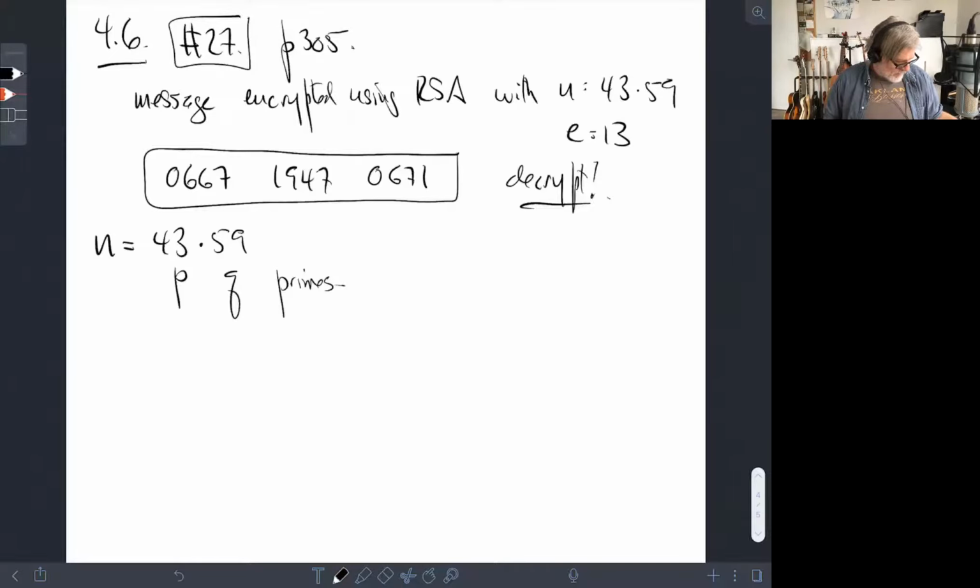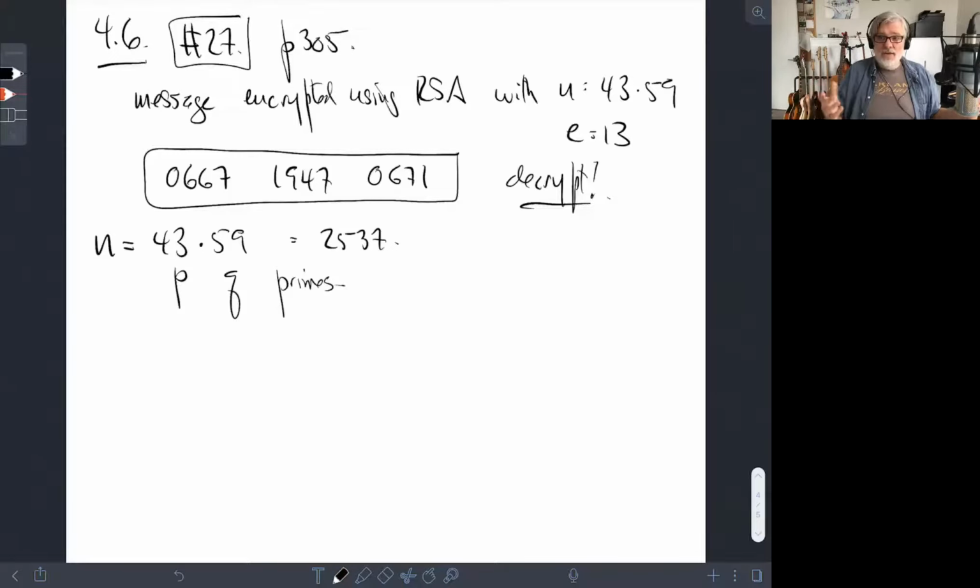Okay, so this is n. These are two primes, p and q, and n happens to be 2537, which is slightly bigger than 2525.